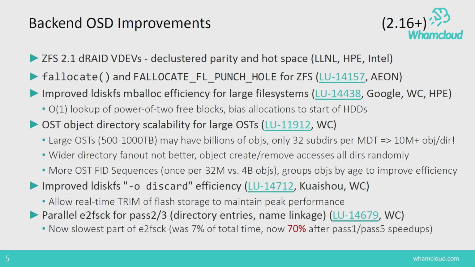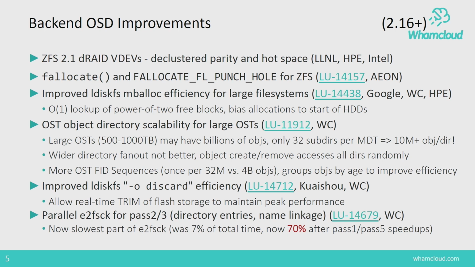With the large OST sizes, we'll have billions of objects per OST, and the on-disk data structures are not really suitable for that today. We have 32 subdirectories per MDT, and while that's acceptable, it gives us about 300 million-ish objects per directory tree.